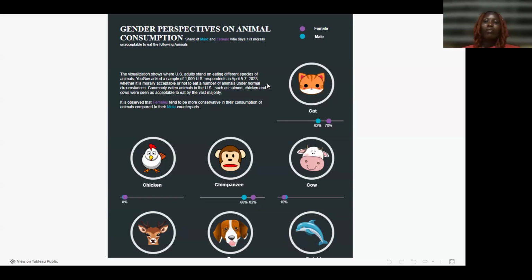They want to see people's perspective on the animals they eat, broken down by gender, male and female in this case, to see what they consume more. And I decided to go with both an image of a particular animal and then the percentage, with colors denoting each gender.